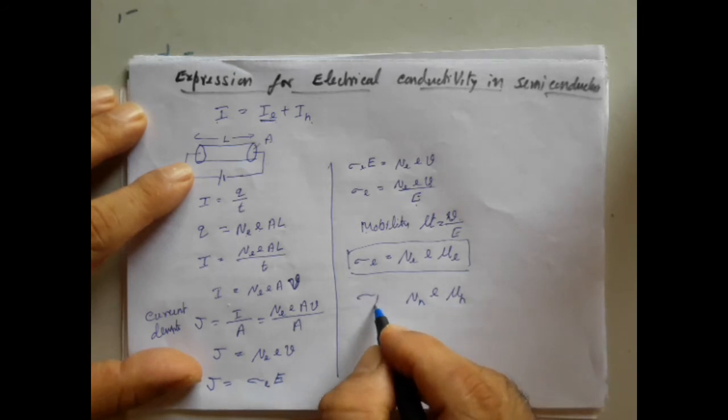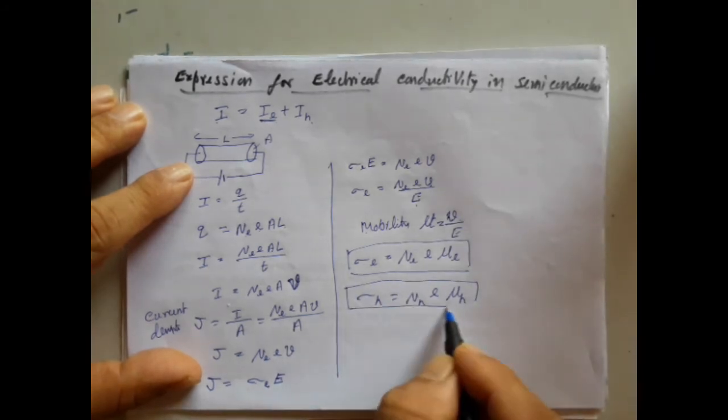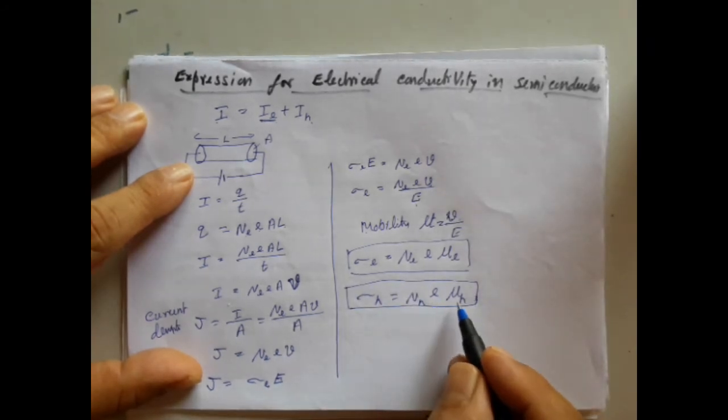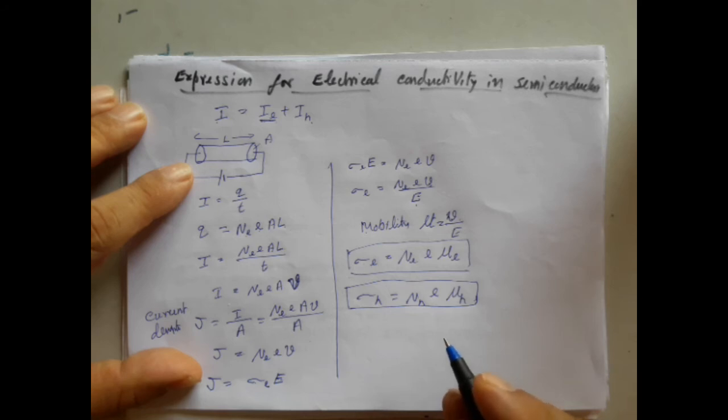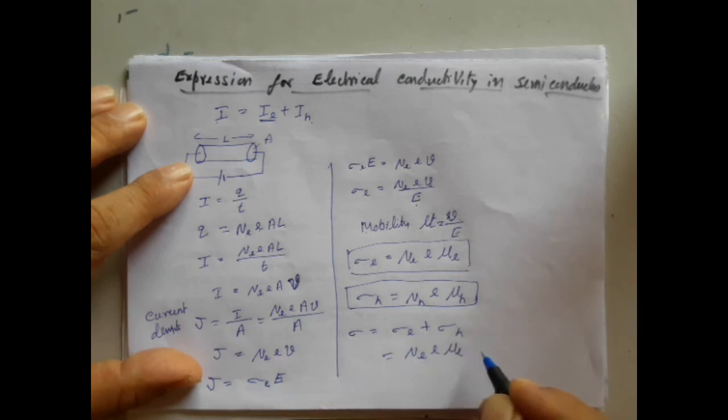Therefore, the conductivity due to the holes is given by sigma h, which is equal to Nh into e into mu h. Therefore, the net conductivity is always equal to the conductivity due to the electrons plus the conductivity due to the holes. Therefore, I can write it is equal to Ne into e into mu e plus Nh into e into mu h.